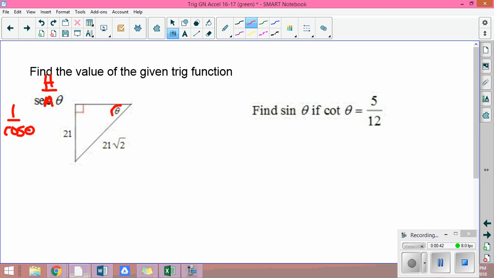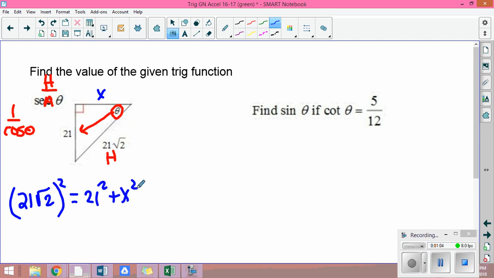So when I'm at this angle, dang, I know opposite and hypotenuse. So I need to do the Pythagorean theorem to find this missing side, which is my adjacent side. So I have 21 square roots of 2 squared, be really careful with your algebra there, is equal to 21 squared plus x squared.